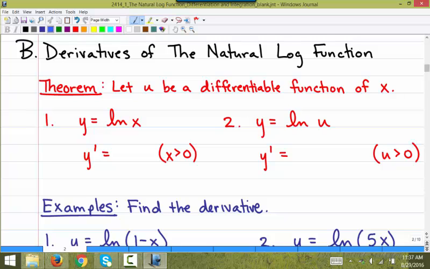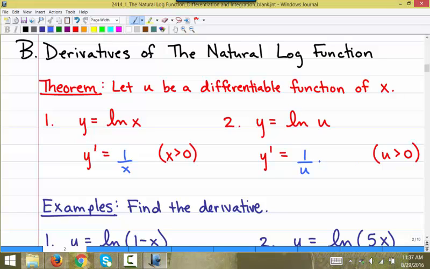Okay, if y equals ln of x, the derivative is 1 over x. If y equals the natural log of some function of x, ln of u, you're going to do 1 over u, whatever you're taking the natural log of, do 1 over that.